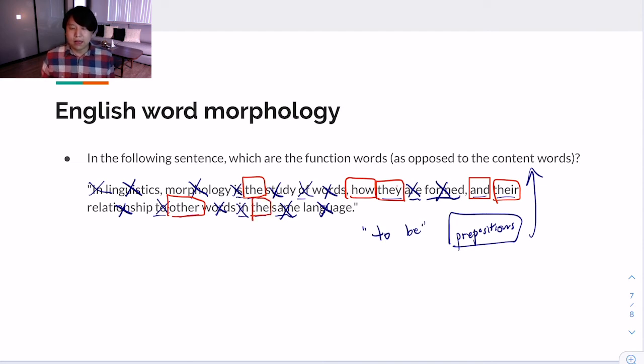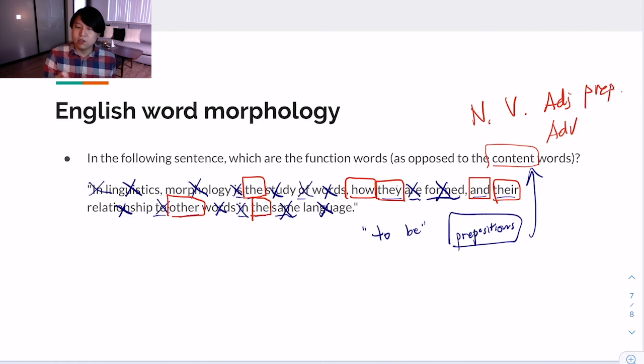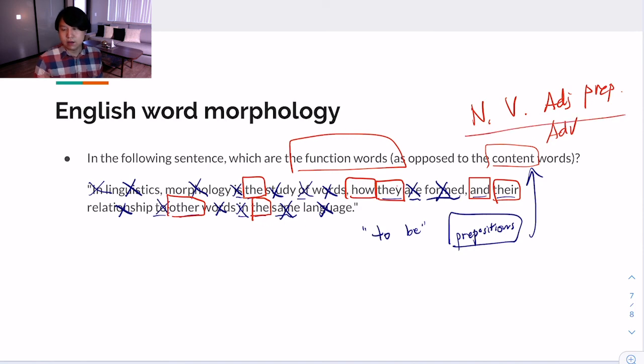So out of this whole sentence, we only have 1, 2, 3, 4, 5, 6, 7 function words. That was how you find function words. Content words are nouns, verbs, adjectives or adverbs, and prepositions. And function words are all the other words, excluding these.